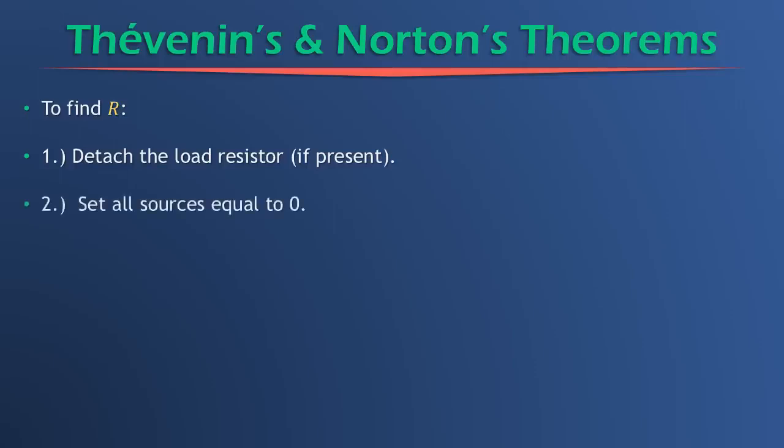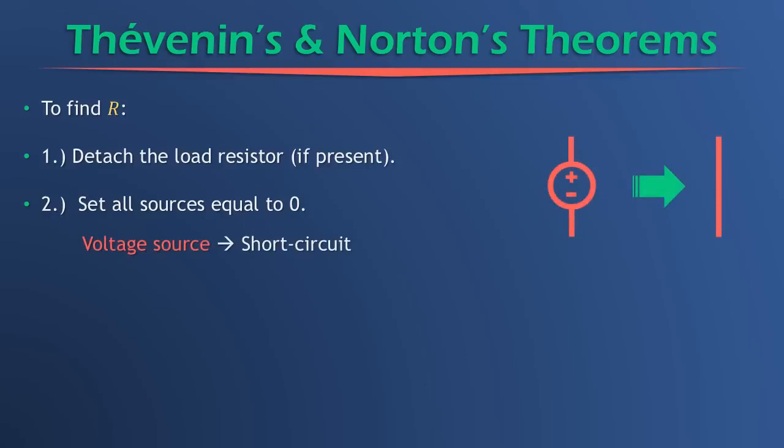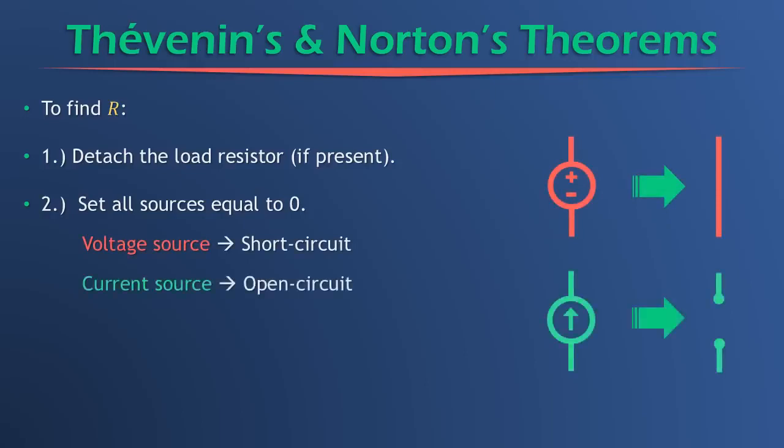Next thing to do is to set all sources equal to 0. That means you're going to short circuit all the voltage sources and you're going to open circuit the current sources. And why does this set them equal to 0? Well, remember that a voltage is a difference in potential between 2 points in a circuit. And that's what a voltage source creates, a difference in potential.